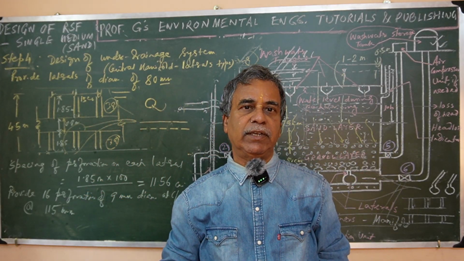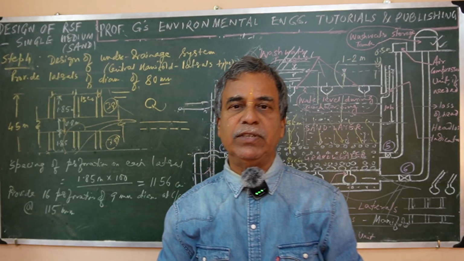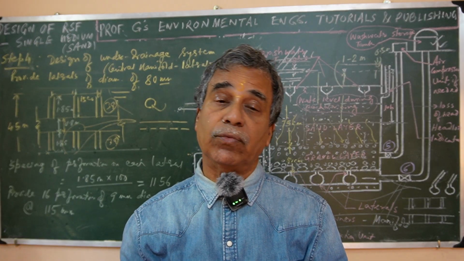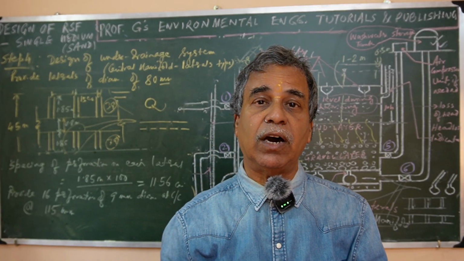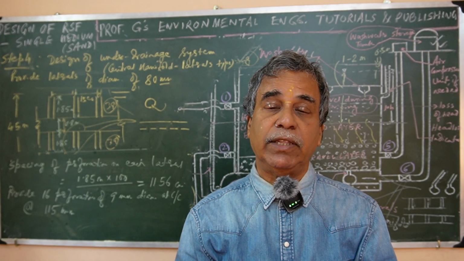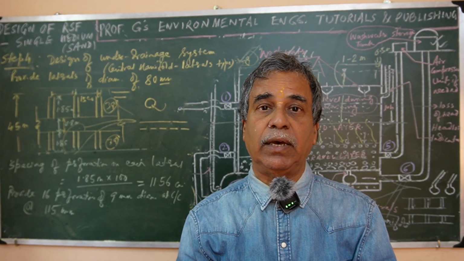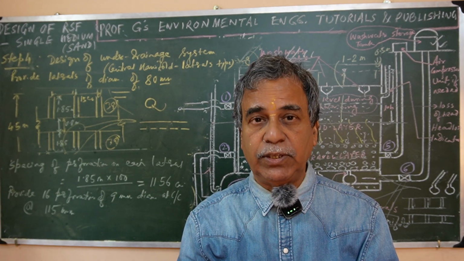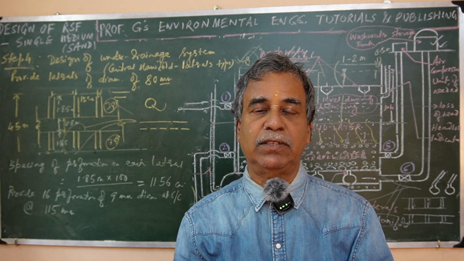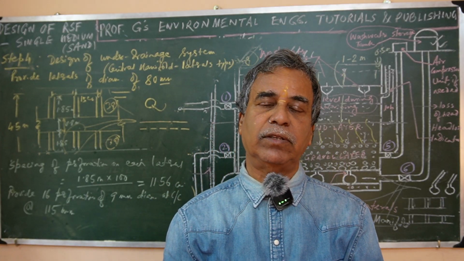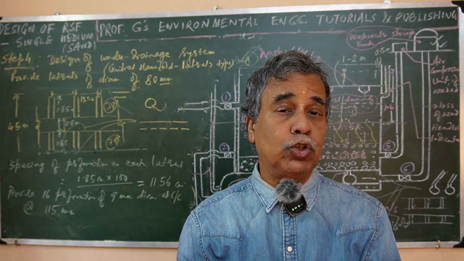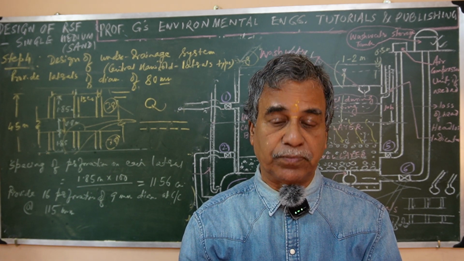But when the filter length or width is rather large, in that case the L by D ratio, that is length to diameter ratio, which I think I discussed in design considerations, should not exceed 60.